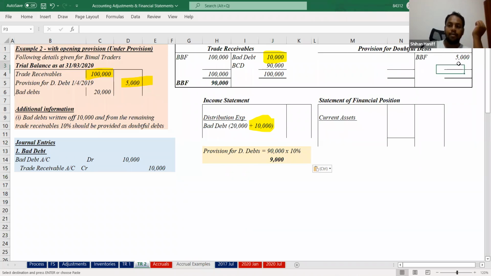So there is an under provision. We have provided less. To make this 9,000, there is another 4,000 you have to add. You have to increase the provision by 4,000.